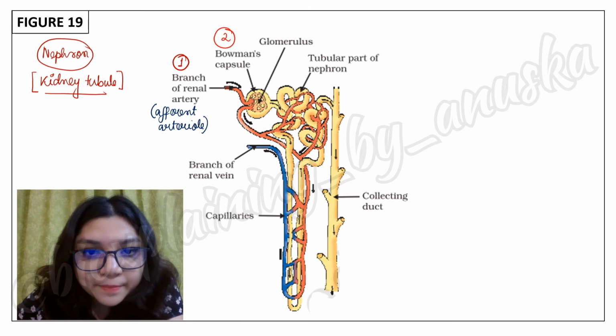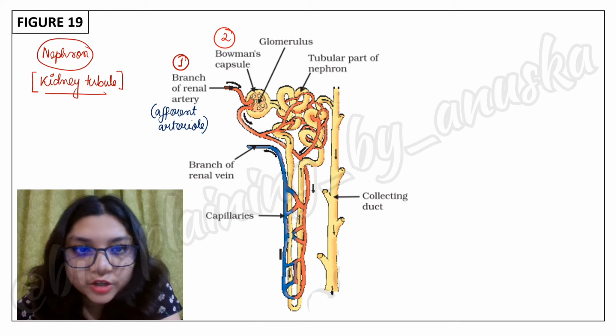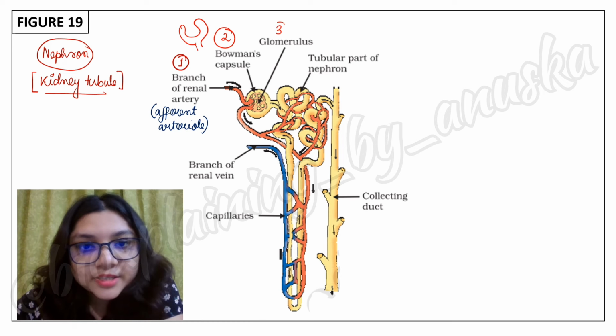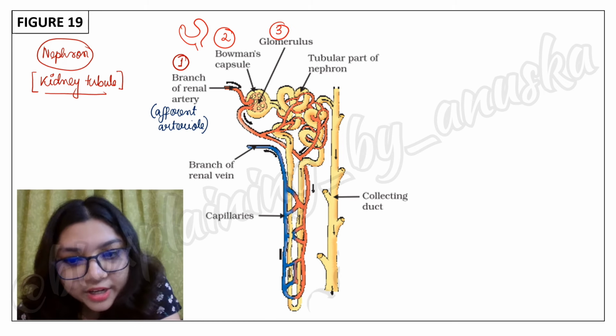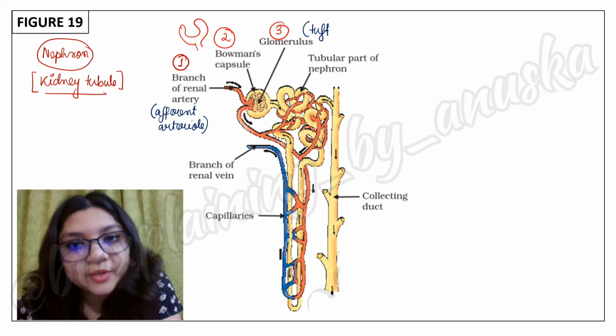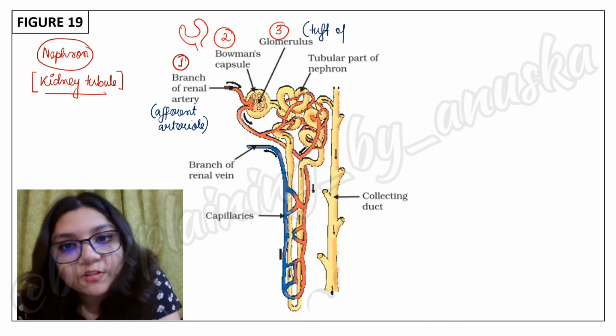This Bowman's capsule is the cup-like structure that you have. Part number 3 is the glomerulus. What is the glomerulus? It is a tuft of capillaries. This afferent arteriole will further branch into a tuft of capillaries called the glomerulus. What is the function?